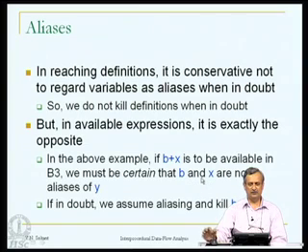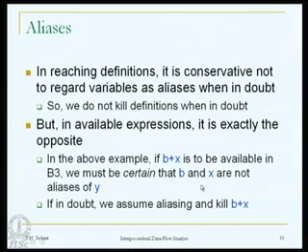So, in available expression analysis, it is a must analysis. So, it is not enough if b plus x reaches along one path, b plus x must reach along all paths. So, even if there is a little bit of doubt that b plus x is going to be modified, we are not going to consider it as an available expression. So, if in doubt, we assume aliasing and we kill b plus x.